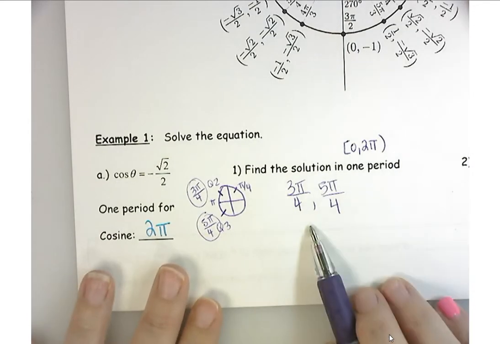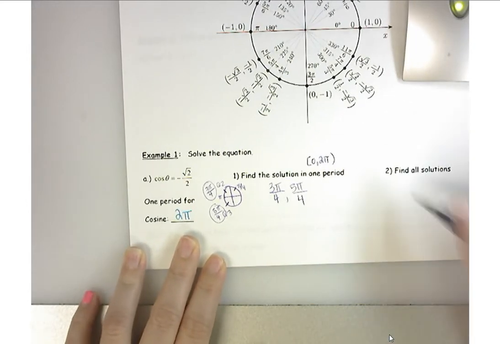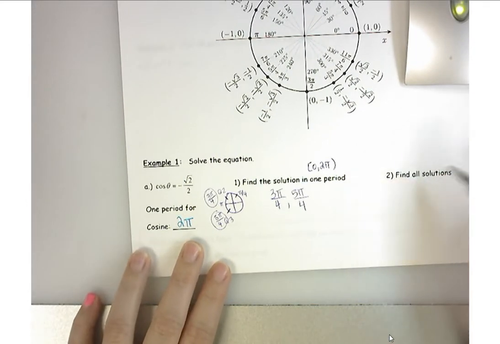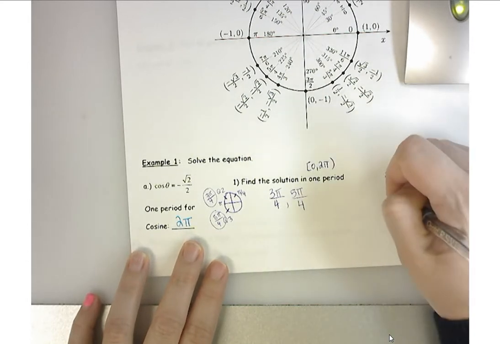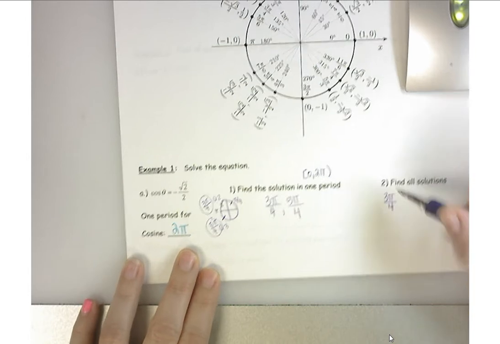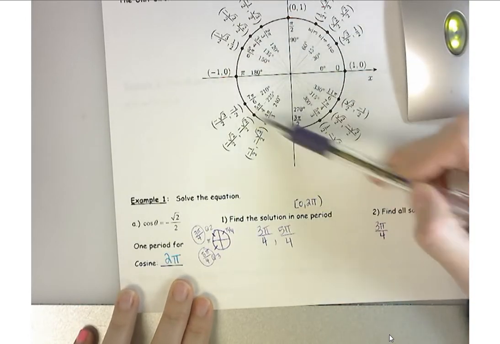So if this is in 1 period and I want to find all of the solutions, what I can do is use a variable that represents an integer. So for all solutions, it could be at 3 pi over 4, or it could be at any rotation of 3 pi over 4.